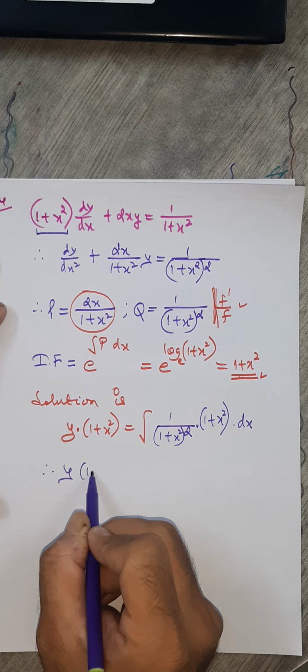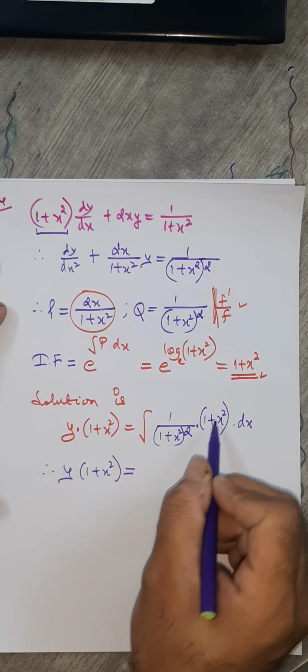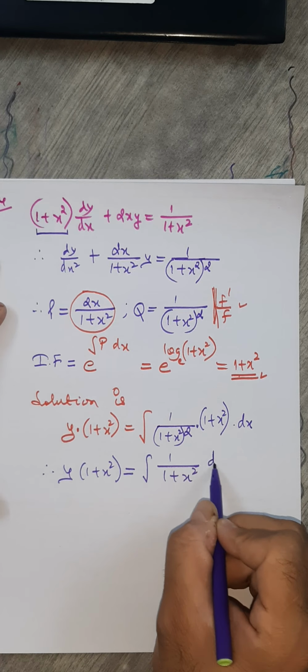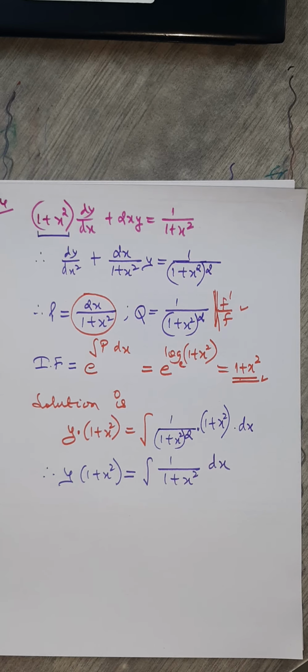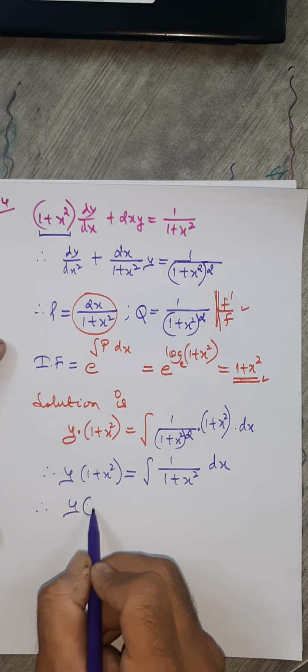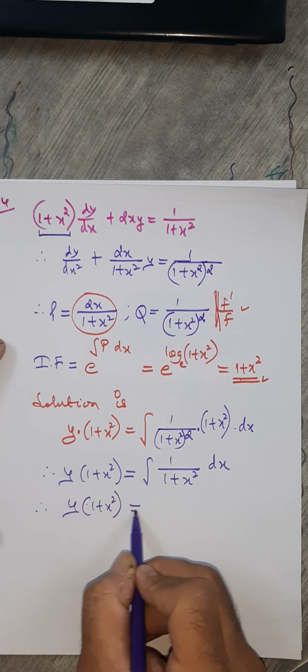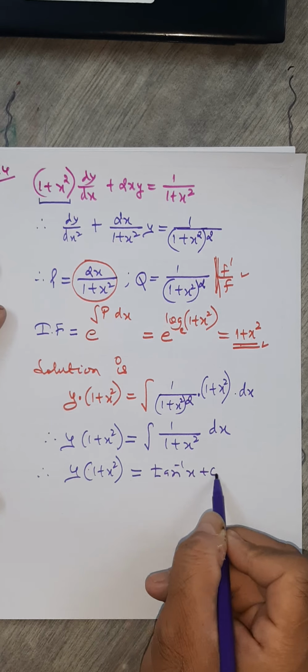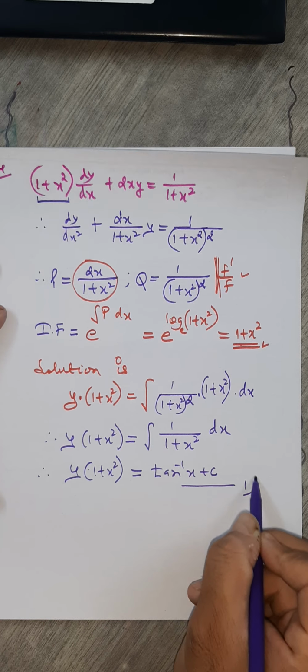So y into 1 plus x squared, here you are left with 1 upon 1 plus x squared, 1 will get cancelled, and that integration is known to you. What's the integral of this? You know it. Can you just recall? Yes, tan inverse x plus c. This is the general solution, remember.